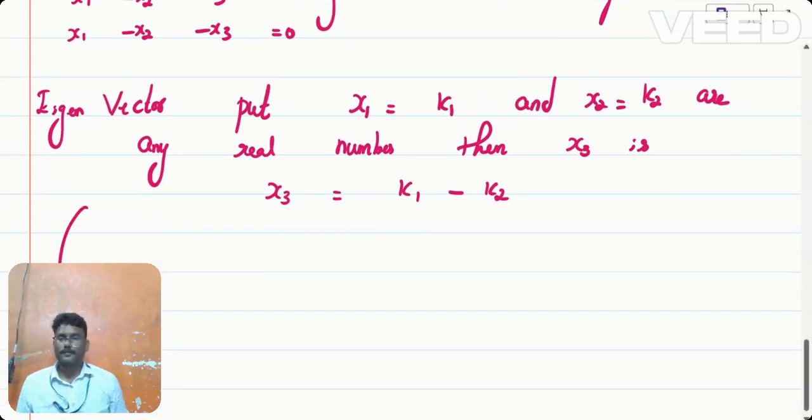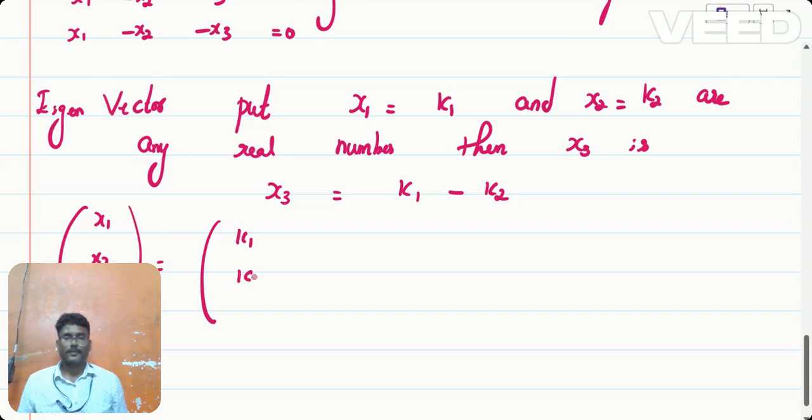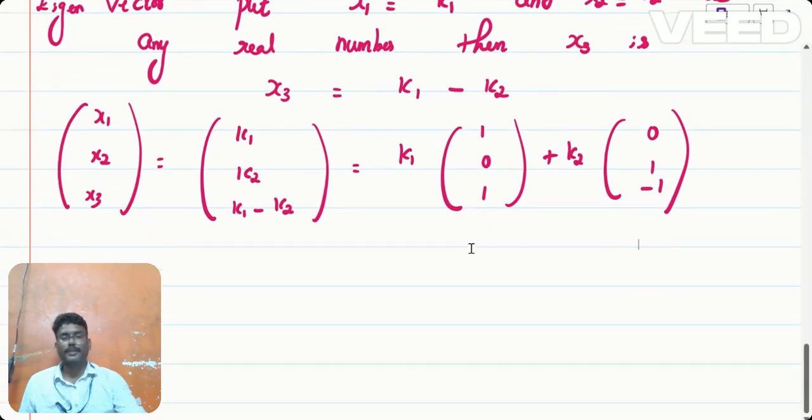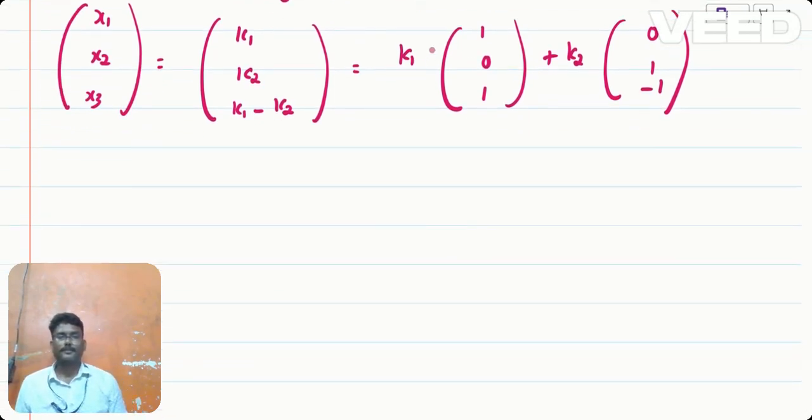So x1, x2, x3 is equal to k1, k2, k1 minus k2, which is equal to k1 times 1, 0, 1 plus k2 times 0, 1, minus 1.